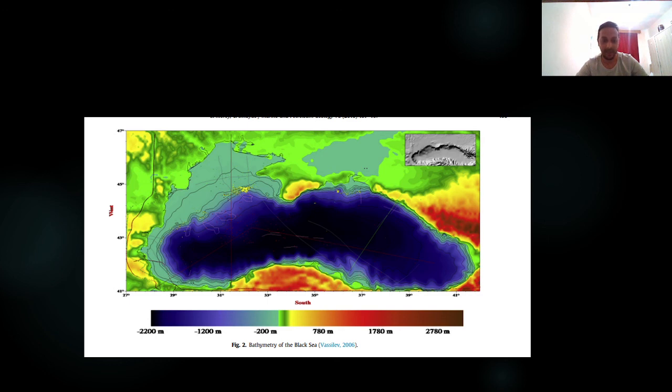As you see here, we have a very deep area in the map of the Black Sea. Almost all of the Black Sea is deep, very deep.